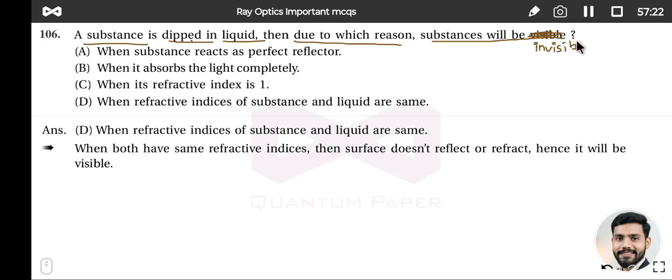The substance will be invisible when dipped in a liquid under only one condition: whenever the refractive index of the substance and the liquid are the same. If the refractive indices of both are the same and we dip the substance inside, then it becomes invisible, because there is no refraction, so no light will come. So whenever the refractive indices are the same for the substance and the liquid, it becomes invisible. So the correct answer is D.